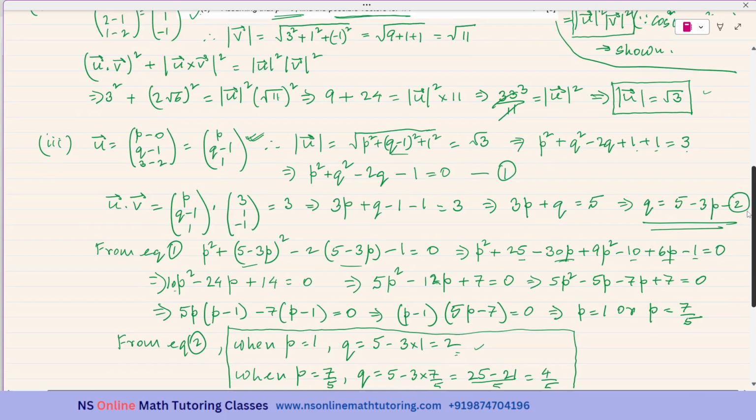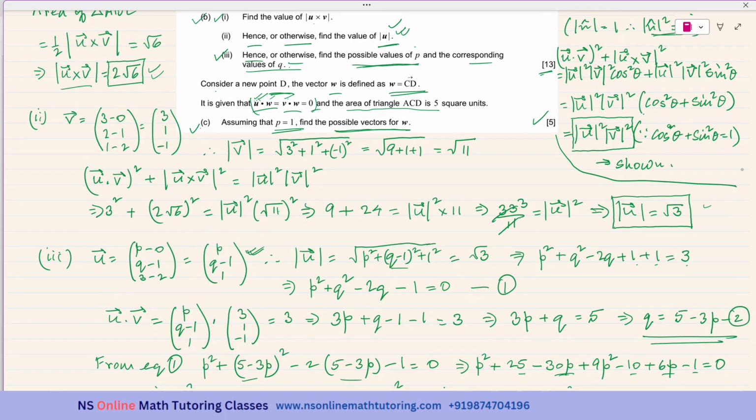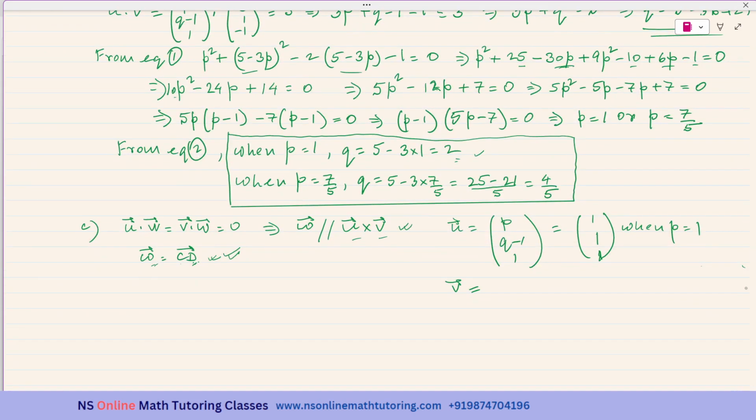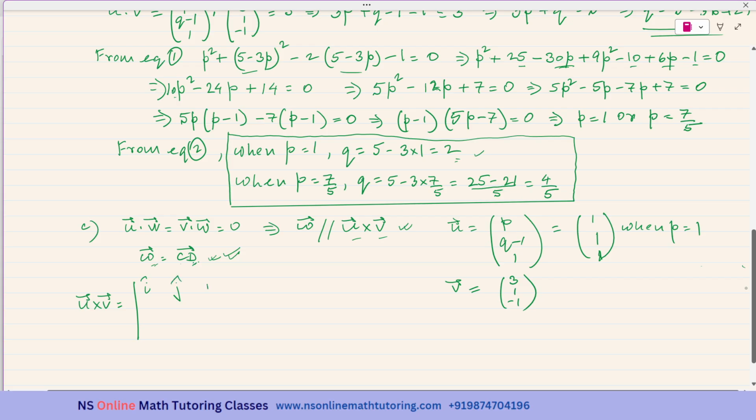The V vector was 3, 1, minus 1. Okay, so U cross V is equal to: U is 1, 1, 1, and this is 3, 1, negative 1.